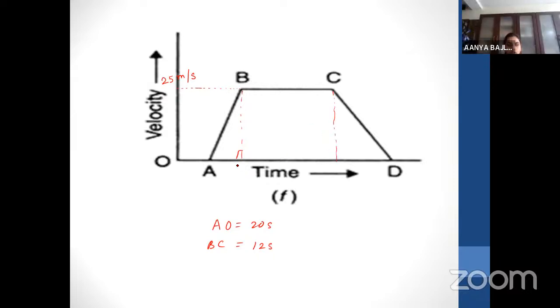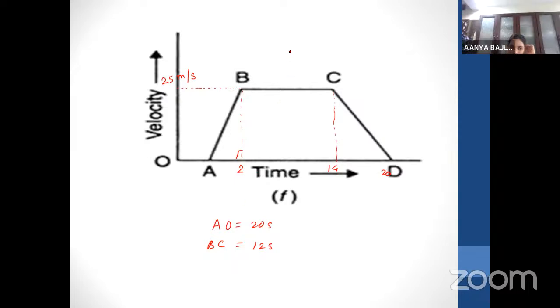Half into base into height. And we will take first AOB, then BC. We will take some numbering here. First, we'll take two triangles and then the big rectangle in the center. Can we take directly the trapezium?